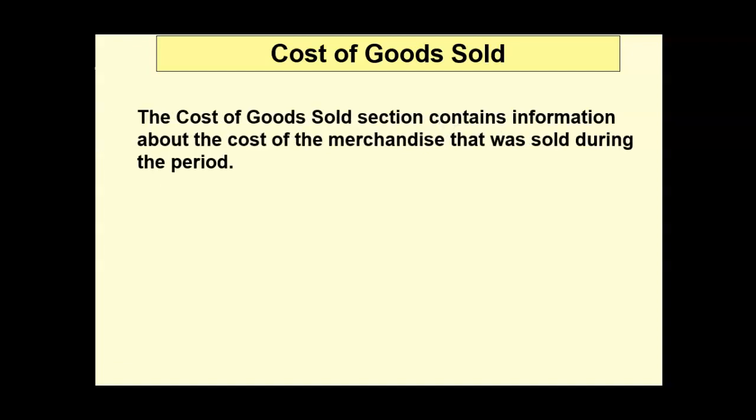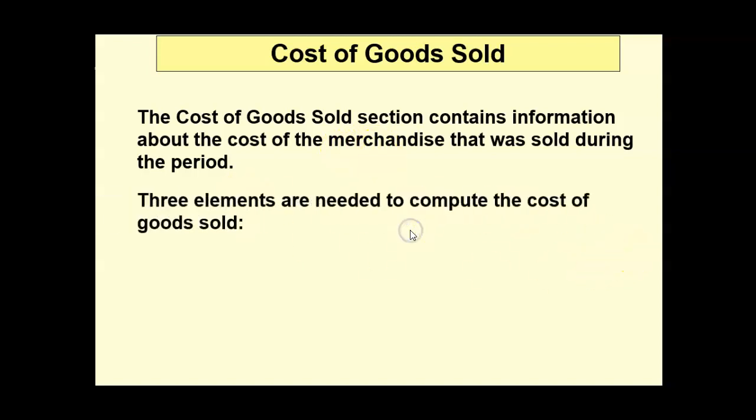Okay. The next section is called Cost of Goods Sold. This section contains information about the cost of the merchandise that was sold to our customers during the accounting period. So it represents the amount the company paid for those items that were sold to their customers during the course of the accounting period.